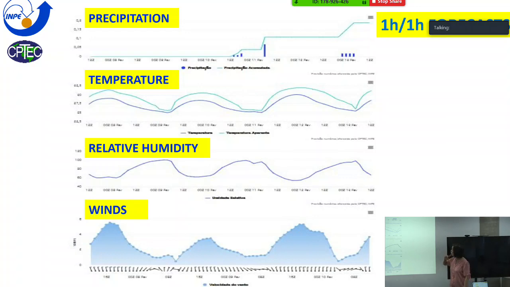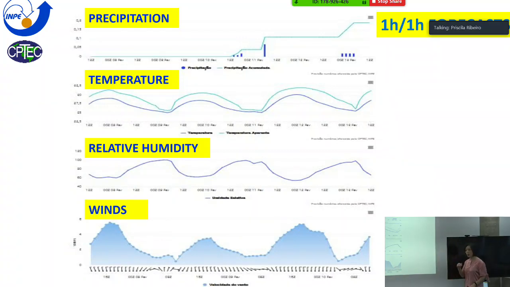So, it's hard to see, it's very small, but there are three days here. You can see three peaks, and it is every hour output information. So, for instance, you can check if a disease is happening in conditions of high humidity, or very high temperature, or at moments of precipitation, or at moments of very weak winds.